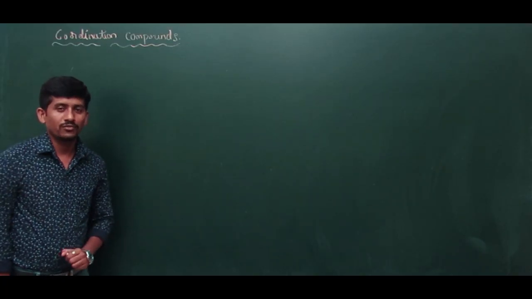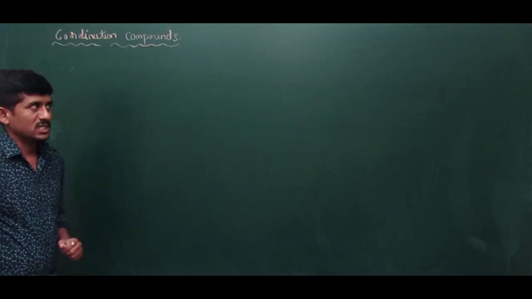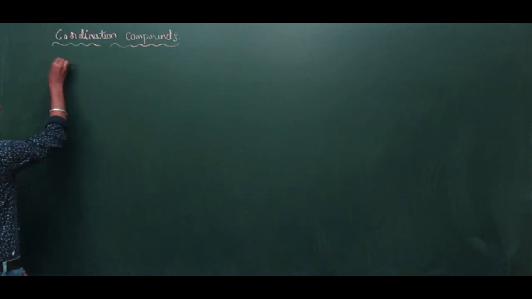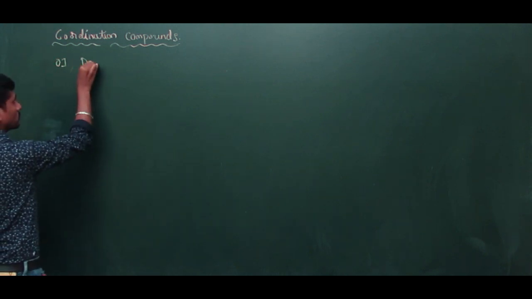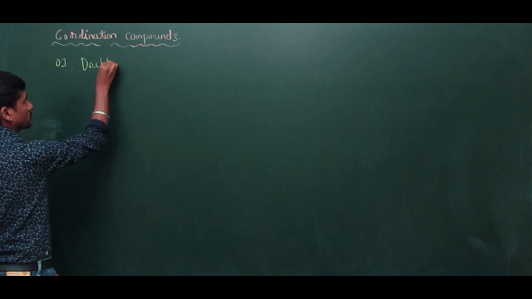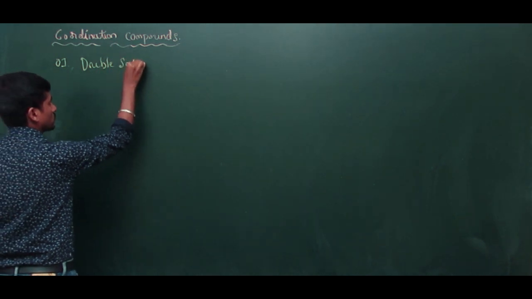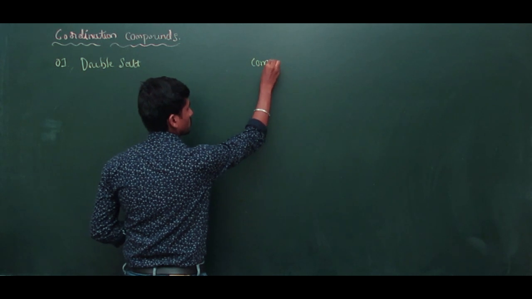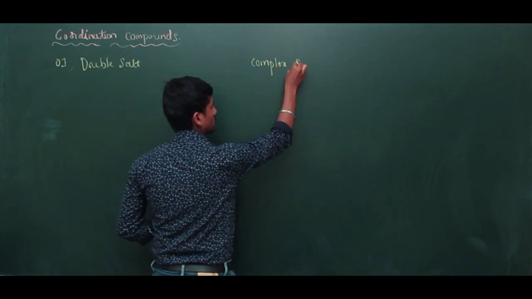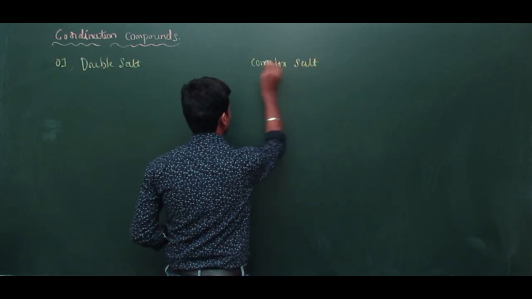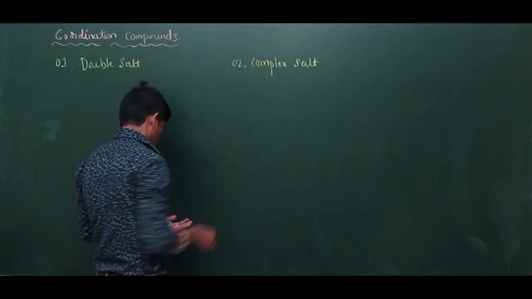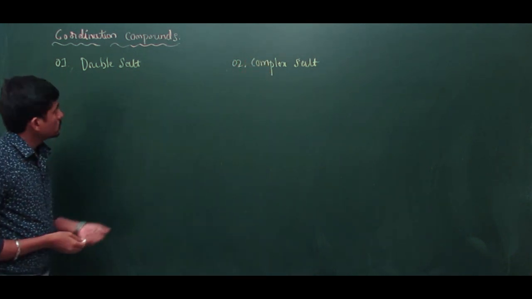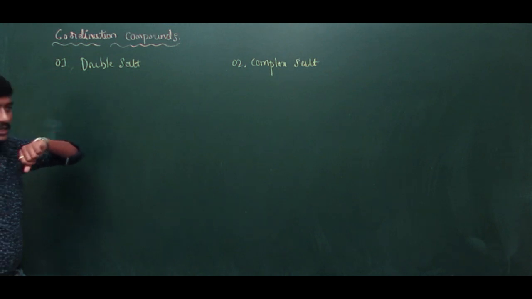Addition compounds are of two types. One is double salt. Second one is complex salt. So what is meant by double salt?